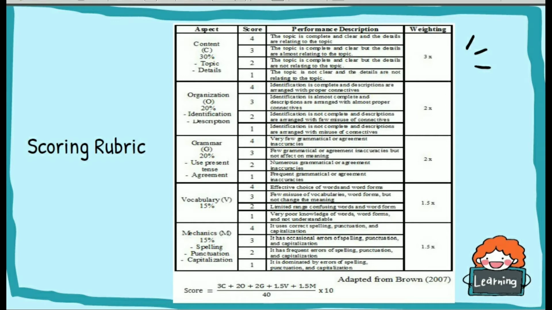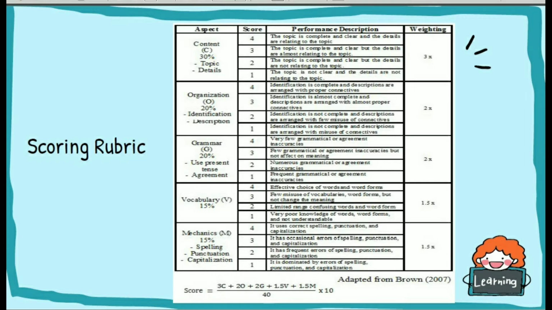For the content, the performance description for score 4 is the topic is complete and clear, and the details are relating to the topic. And score 3, the topic is complete and clear, but the details are almost relating to the topic.